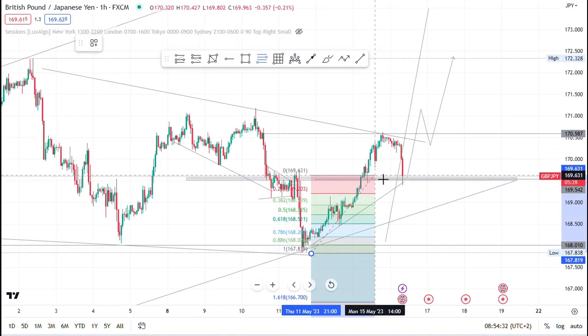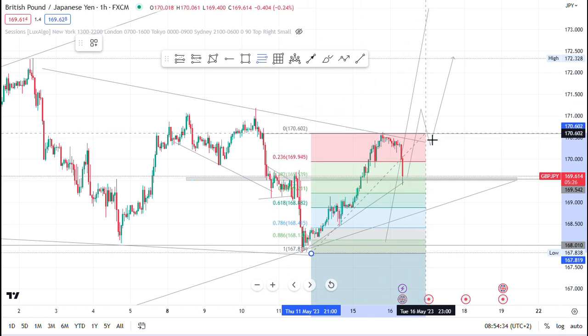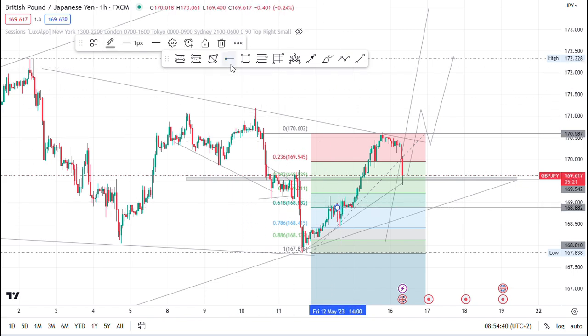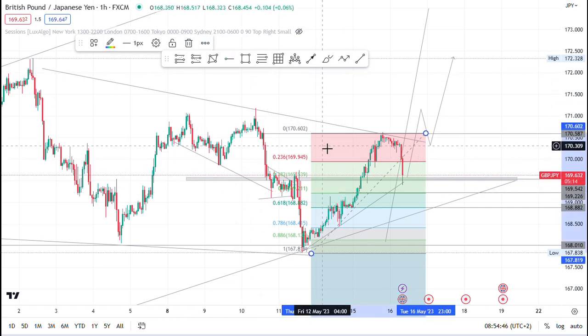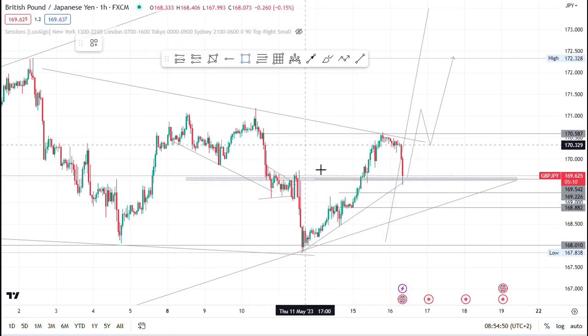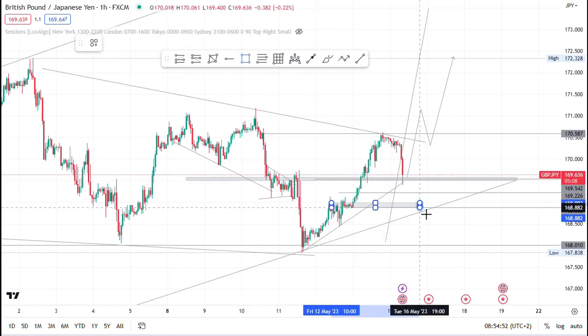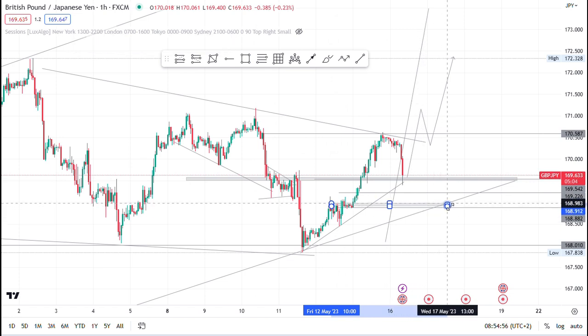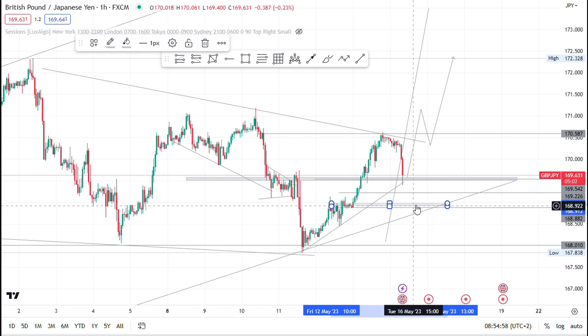Let me check out my Fibonacci again. Mark my golden areas, or my golden zone. Okay, what do we have in there? 61.8%. We have a resistance which got broken, which is now our support.